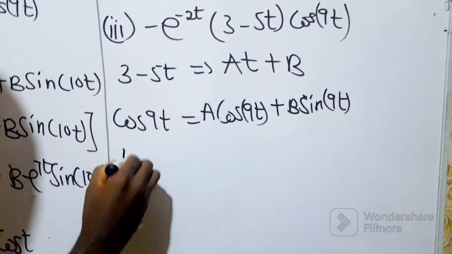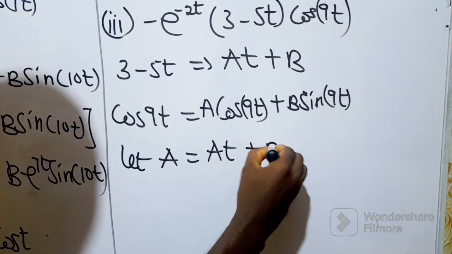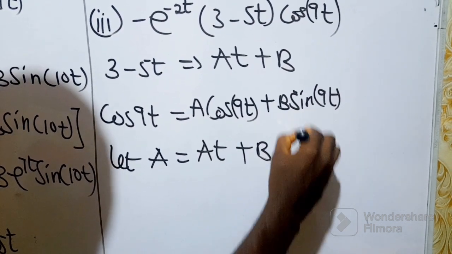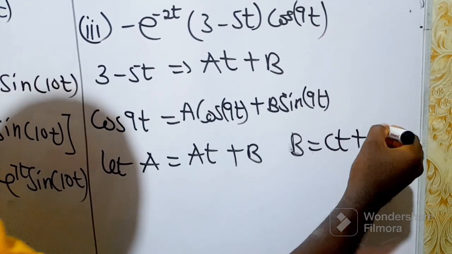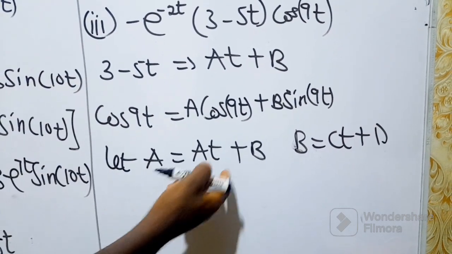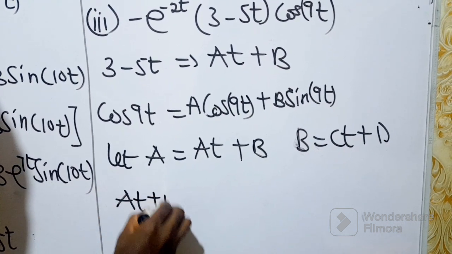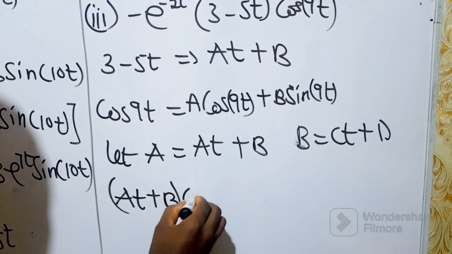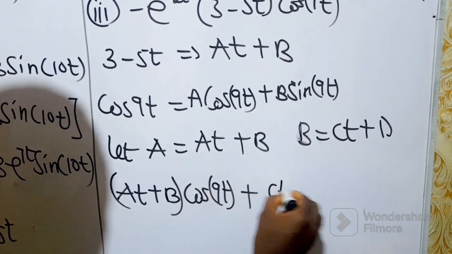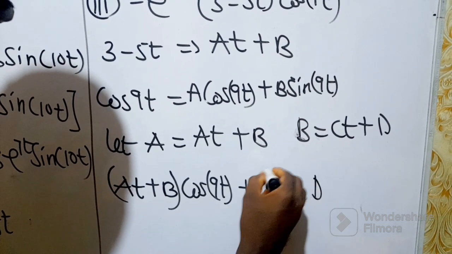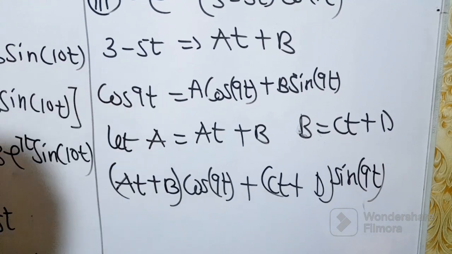So we should let our a be equal to at plus b, and the b should be equal to ct plus, let's say, d. So this will multiply that. So we'll have (at plus b) cos 9t, then plus (ct plus d) sine 9t.